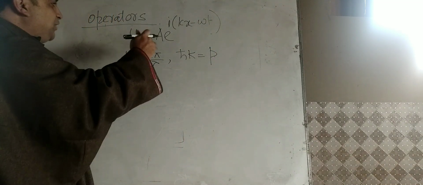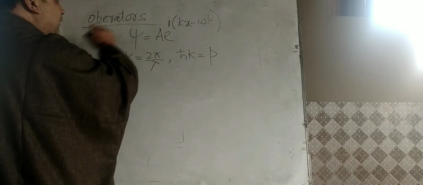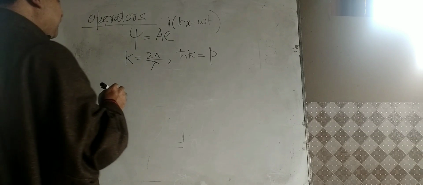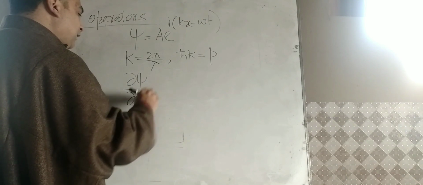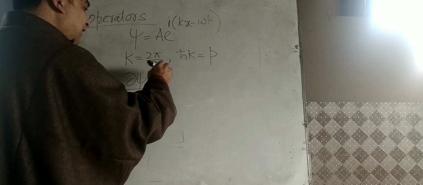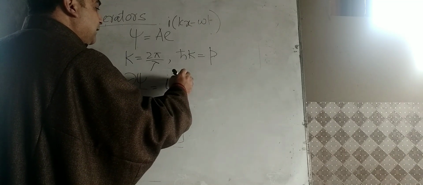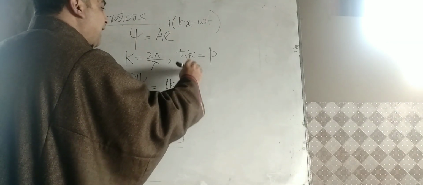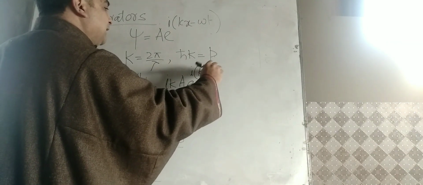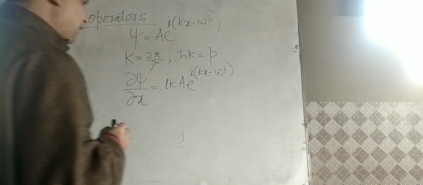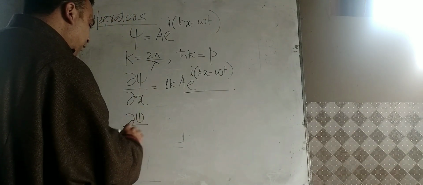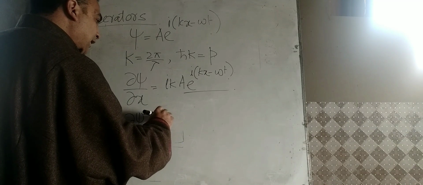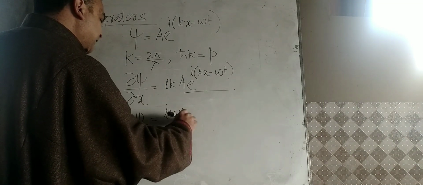Now, if I take the partial derivative of this wave function with respect to x, what will I get? I will get i k A e to the power of i(kx minus omega t). Now, this is the wave function, therefore del psi upon del x will be i k psi.